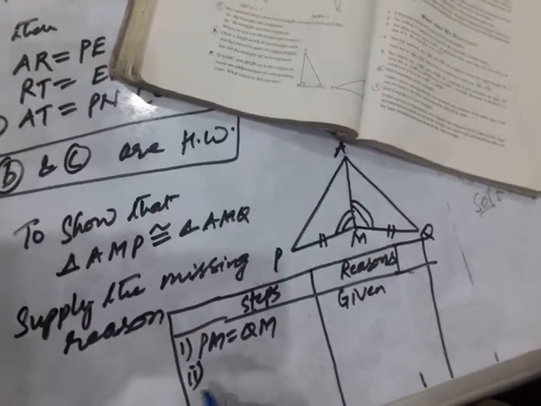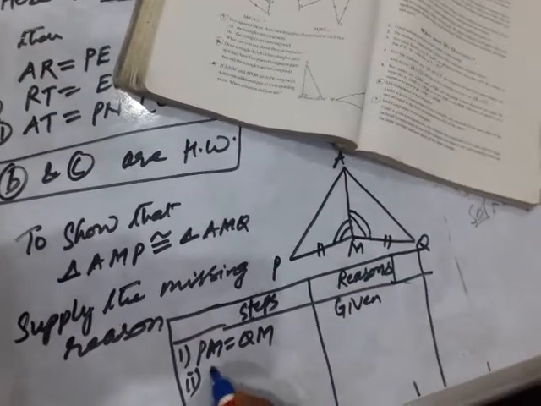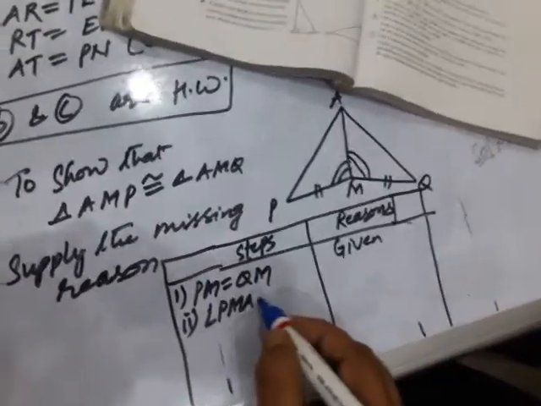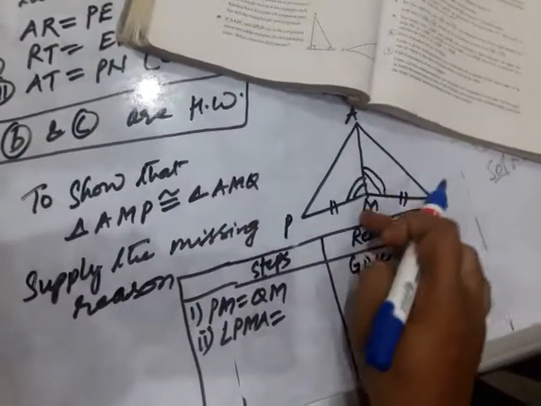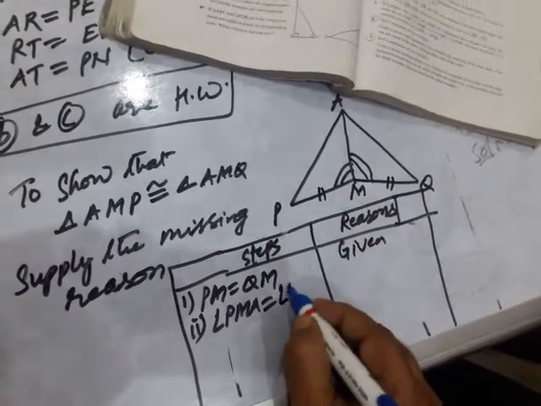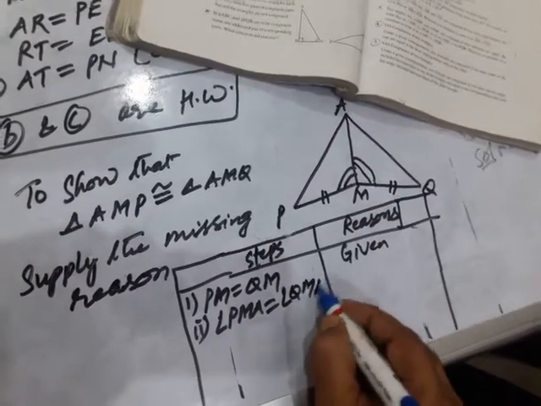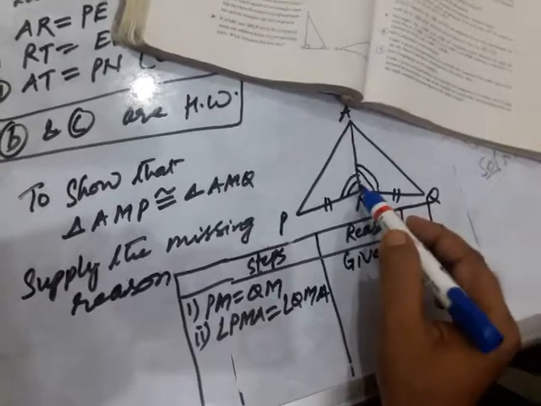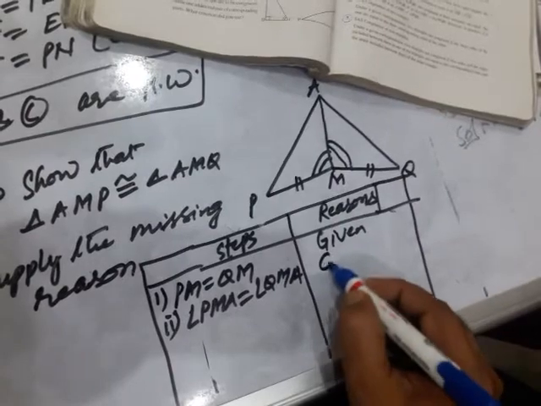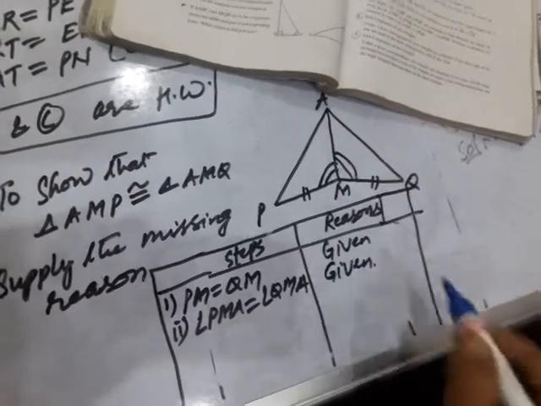Now what is the second part? Second step is angle PMA is equal to angle QMA. That is also given in the question. We are using similar markings. Clear, children?